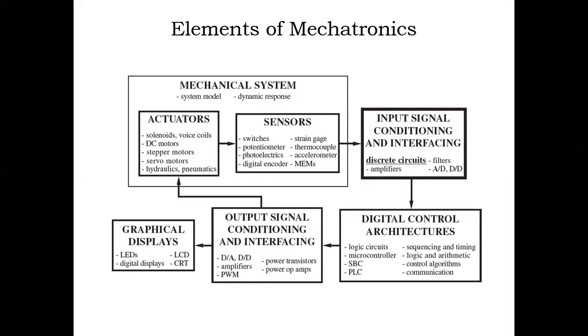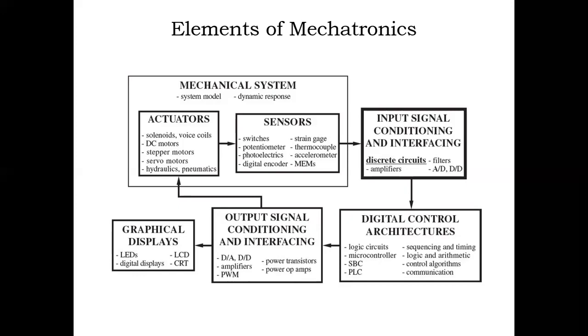We use an analog to digital converter. The output of a sensor will be a small signal, so we need to amplify and filter the input signal. We use discrete circuits like filters and amplifiers. This is the input signal conditioning and interfacing unit.